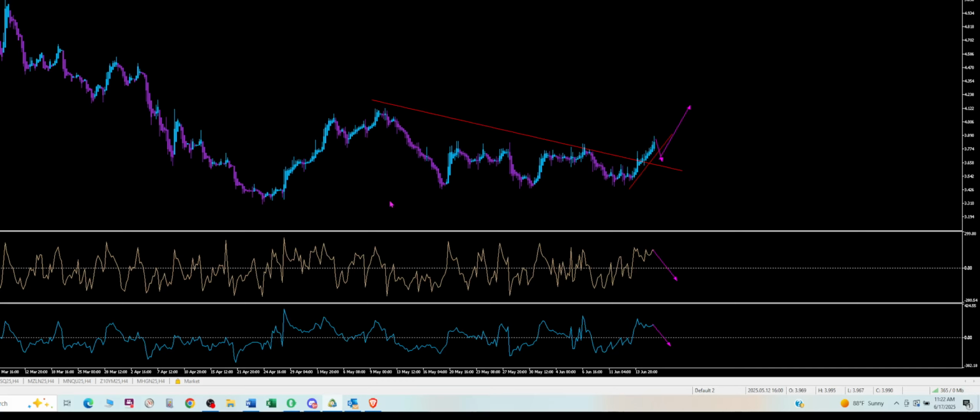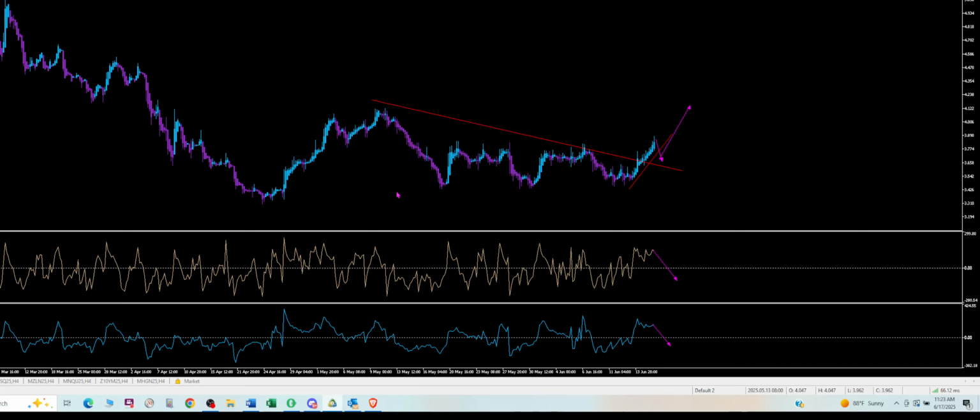Okay, and the other thing I wanted to mention is that these trend lines and these indicators are not the primary thing I look at. The primary thing I look at is still market structure: breaking of swing highs, swing lows, and continuations, or breaking for reversals.